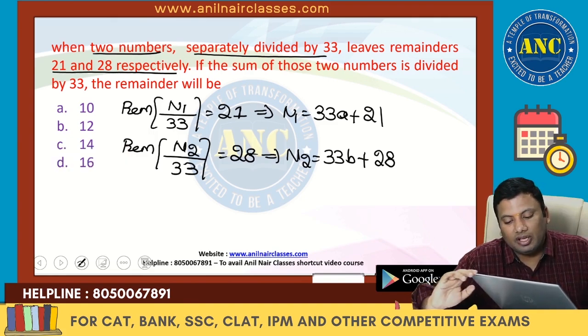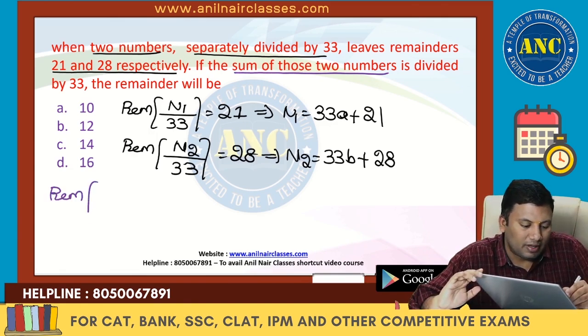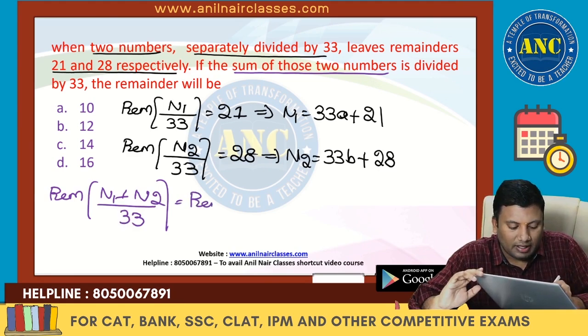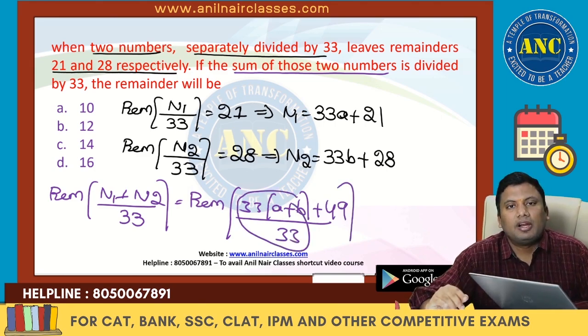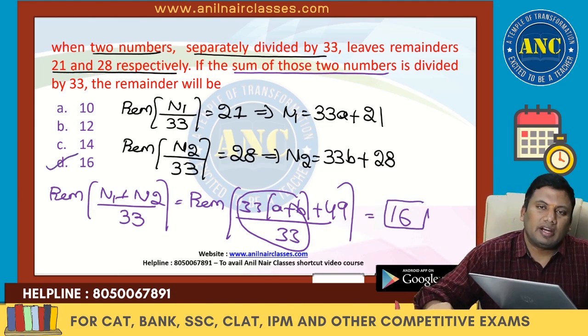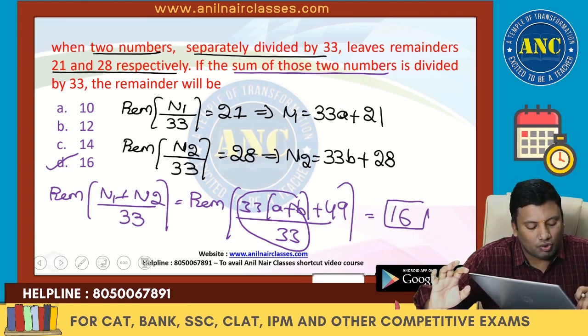If the sum of these numbers, n1 plus n2, is divided by 33, this is nothing but the remainder of 33 into a plus b plus 49 divided by 33. This is perfectly divisible. 49 divided by 33. 33 ones are 33. What is the remainder? 16. Remainder is nothing but 16. Idea is clear.